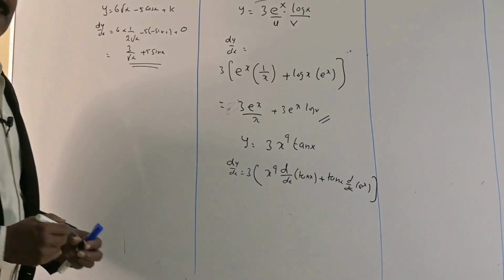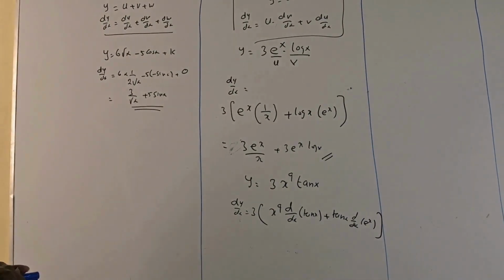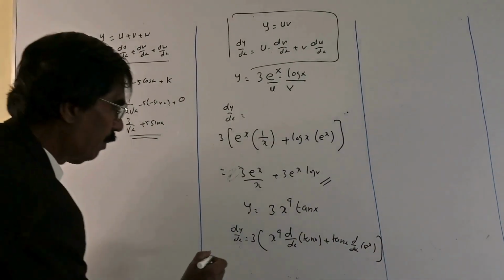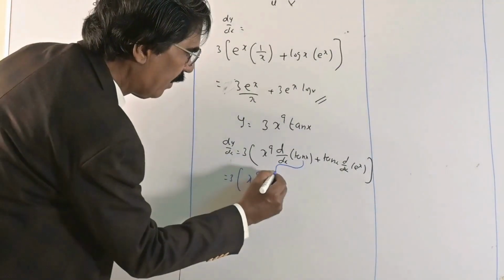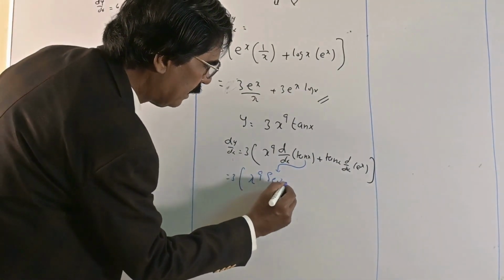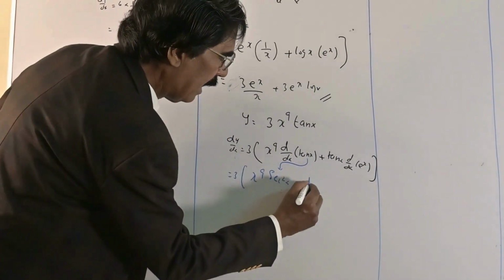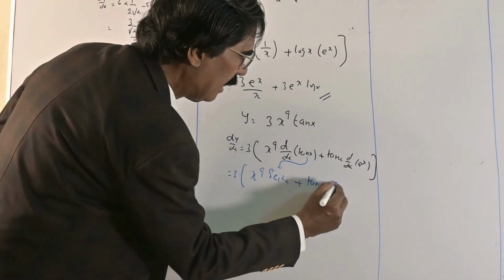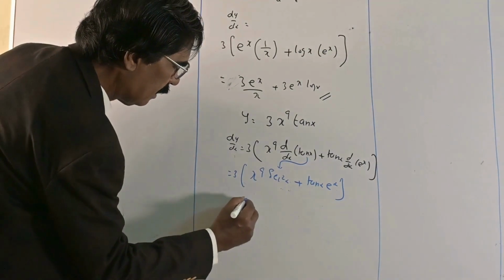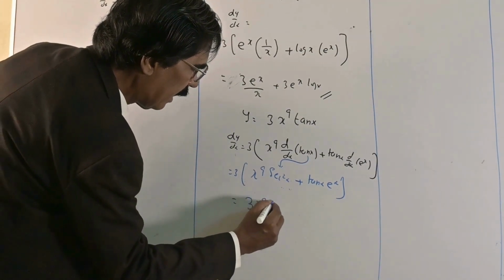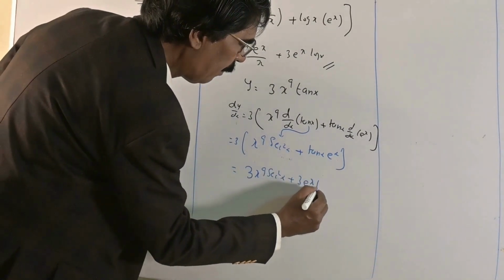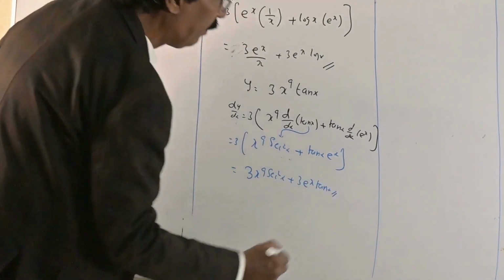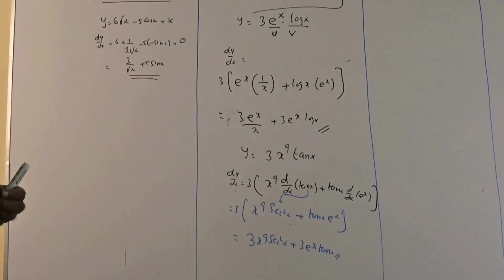You can write like this if you want to have a better understanding. Now look, 3 x power 9 as it is, differentiate tan x, secant square x. tan x as it is, differentiate e power x. 3 x power 9 secant square x e power x plus 3 e power x tan x. Is it not? This is u into v.